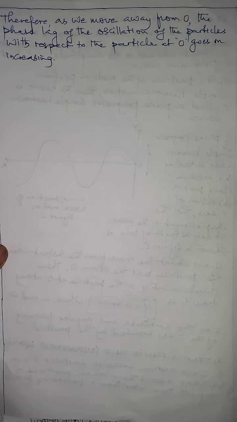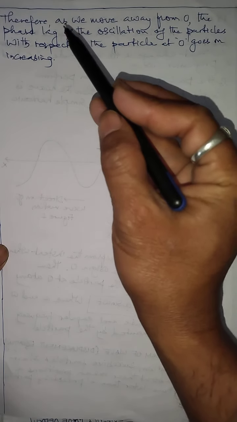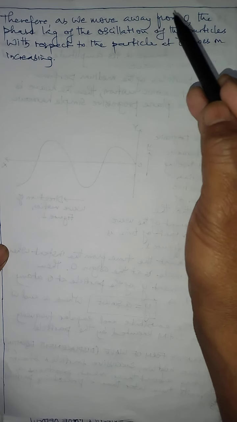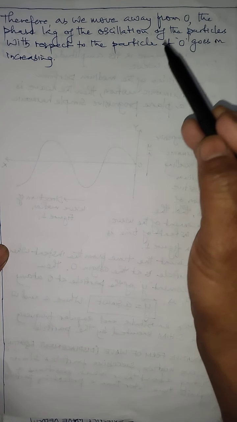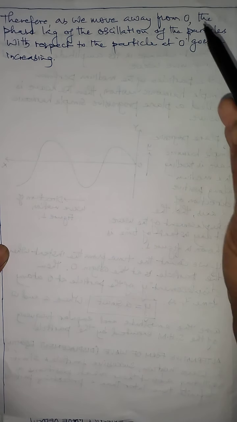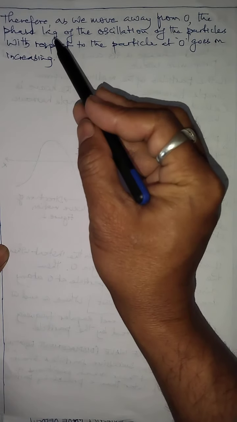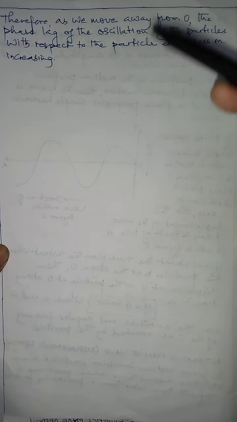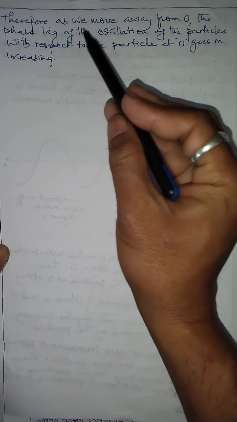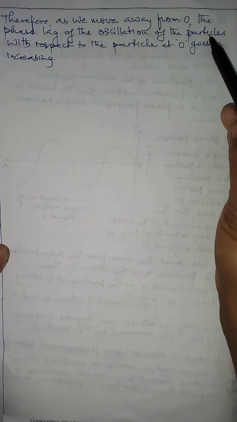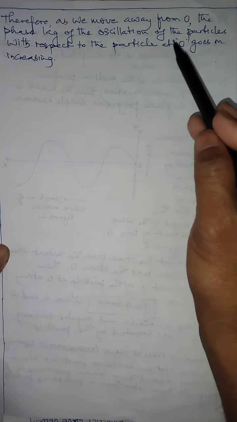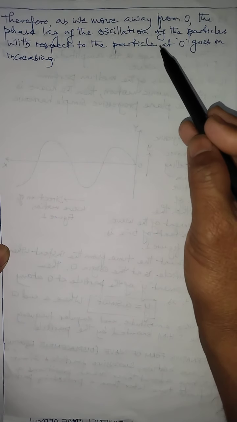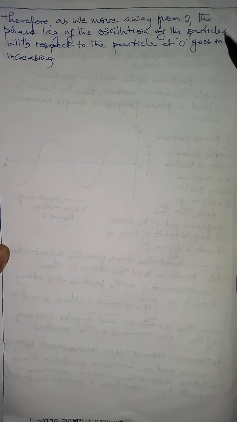Under this condition, children, as we move away from O, from the point where the particle has started oscillating, the phase lag, phase meaning the angle or position of the vibrating particle, the phase lag of the oscillation of the particles with respect to the particle at O, goes on increasing.